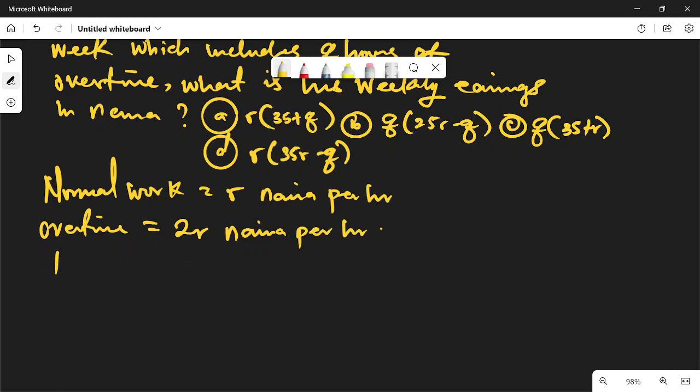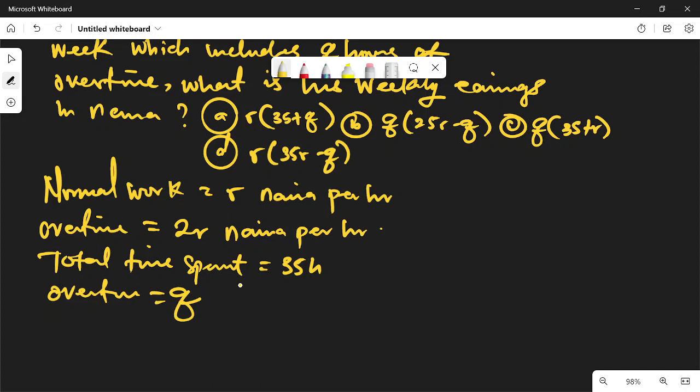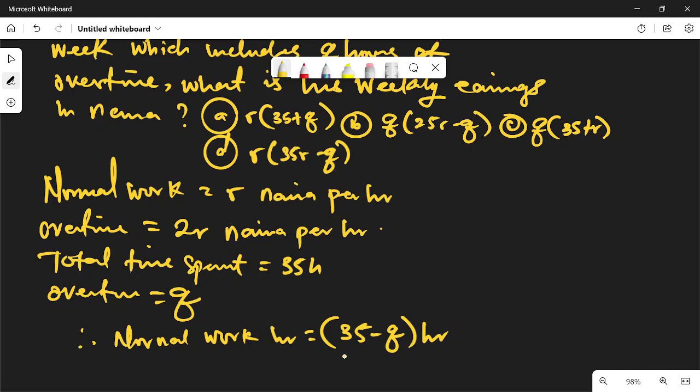The total time spent to work is 35 hours, and the overtime is Q. So what does that mean? For us to get the normal work hours, that will be 35 minus Q hours. So if you want to get the normal time that you used to work, you have to subtract the overtime hours from the 35.